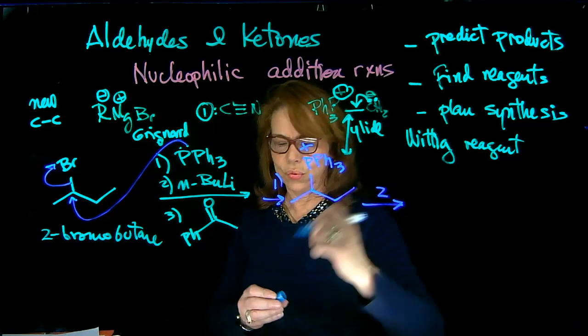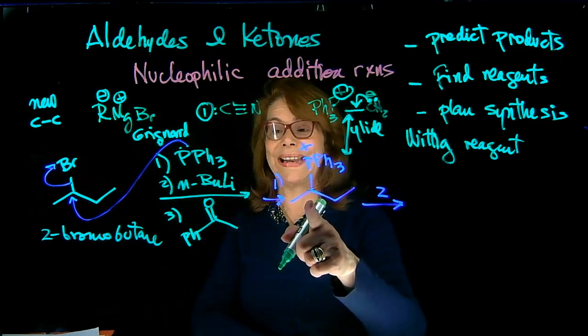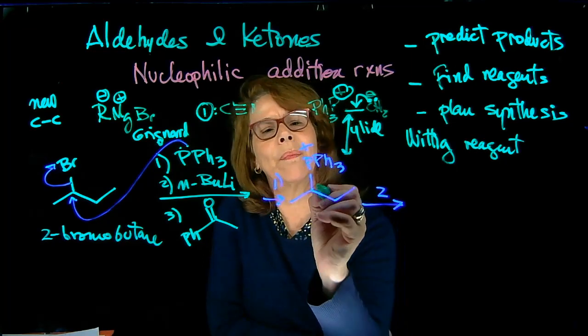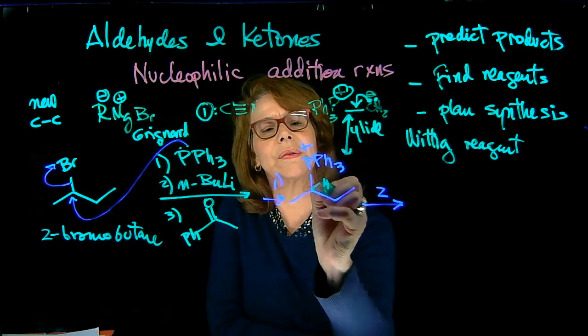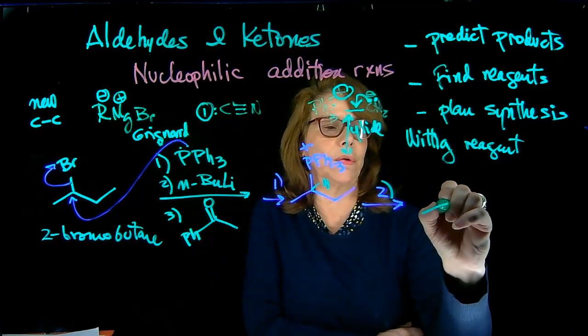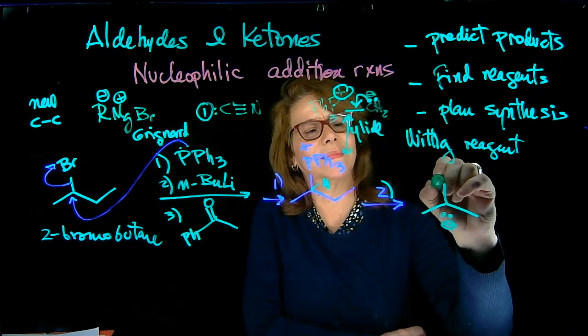Step two, now I'm going to have the strong base remove one H here. This is the H that we will be removing. So in step two, you will be forming now the following anion.